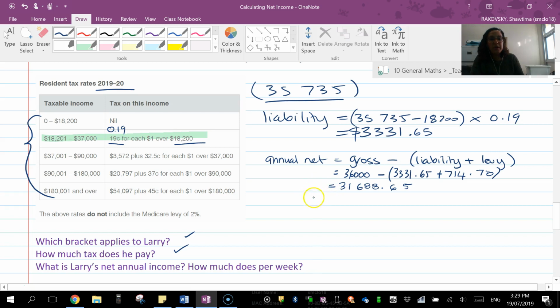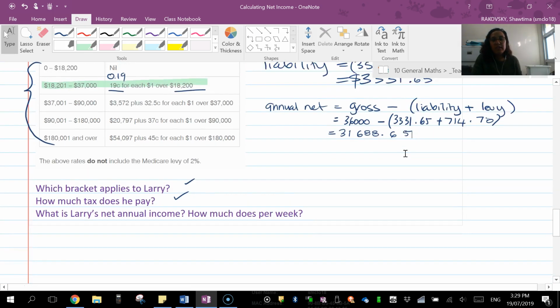Okay, so Larry's annual net income is going to be that much. So that's how much he receives after he's paid all his taxes to the ATO.